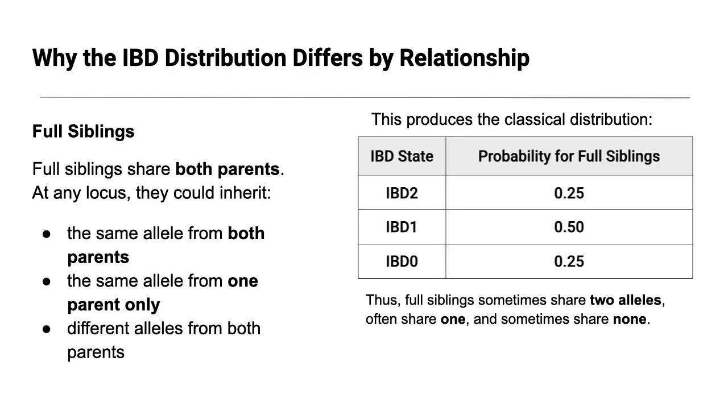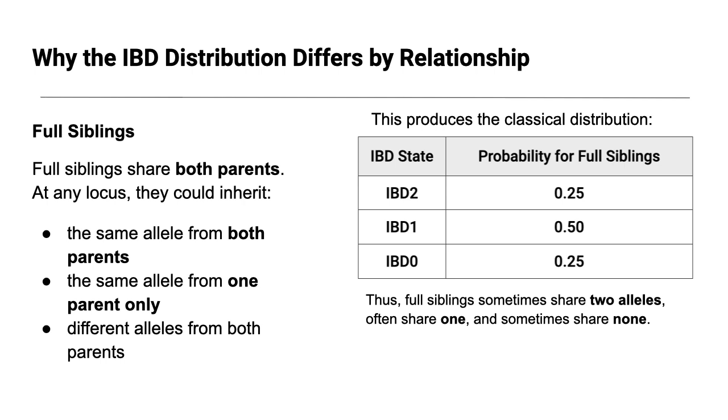Why the IBD distribution differs by relationship. For full siblings, the IBD probabilities follow the classical distribution of 25% for IBD2, 50% for IBD1, and 25% for IBD0.